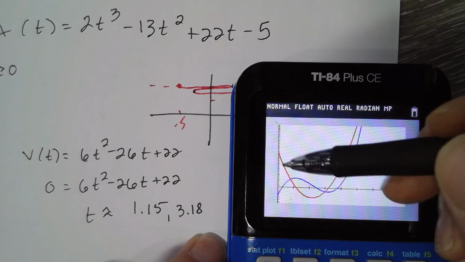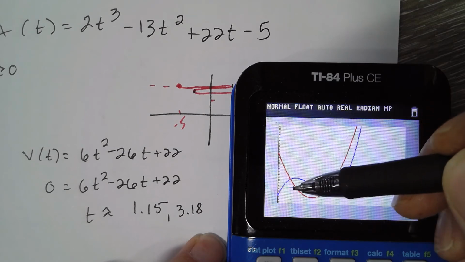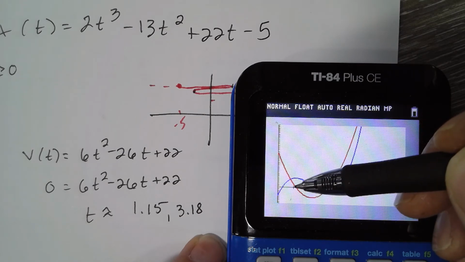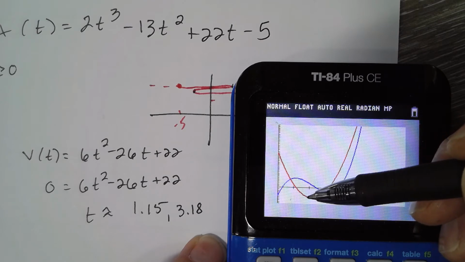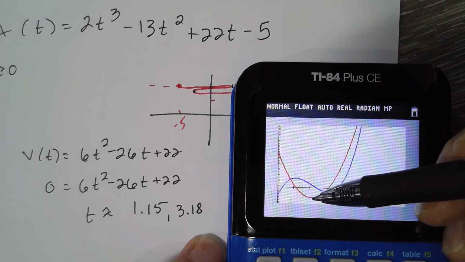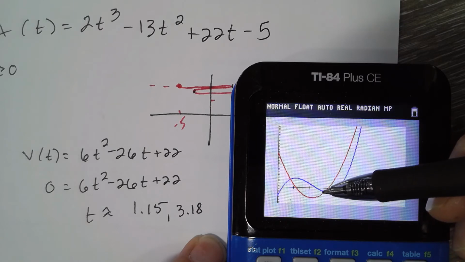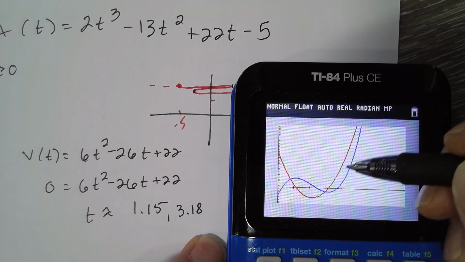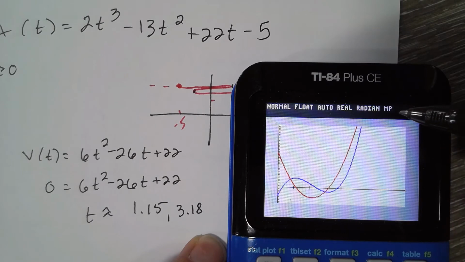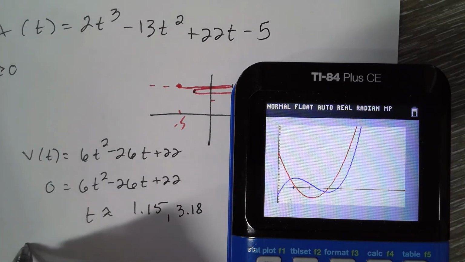So it's slowing down until it gets to right here, which is 1.15. Now the speed is increasing until it gets to right here, and then the speed is decreasing because it's getting closer and closer to 0, and then the speed increases forever after that. So when is it speeding up?